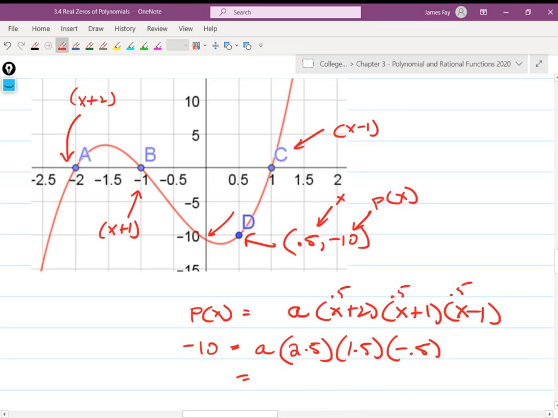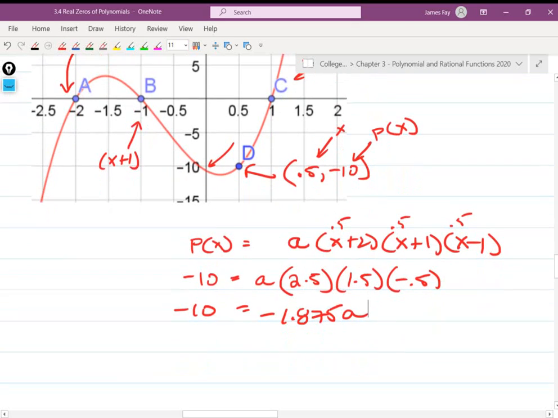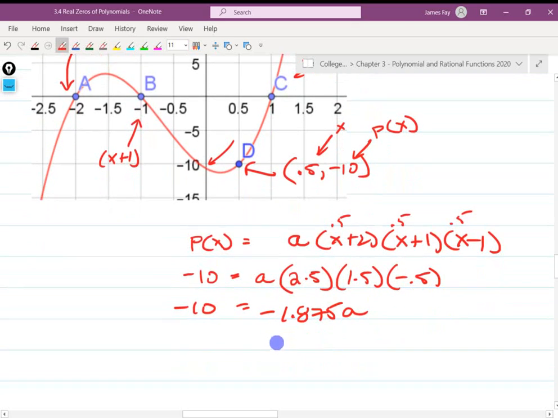So 2.5 times 1.5 times 0.5 gives me negative, because of this negative here, 1.875 times the a that's out in front is equal to -10. Does that make sense? How do I solve for a? Divide by that number, right? So I'll take -10 and I'll divide it by that number.